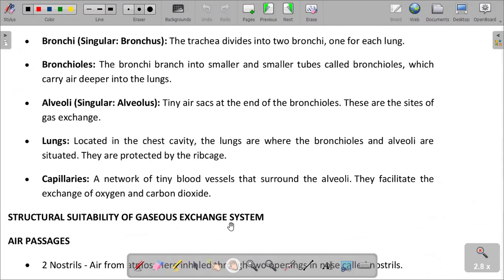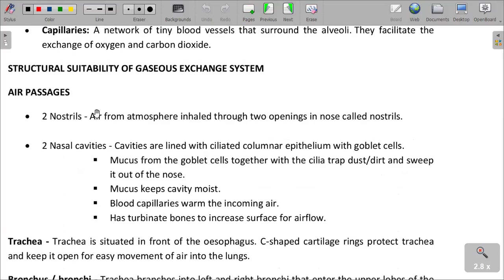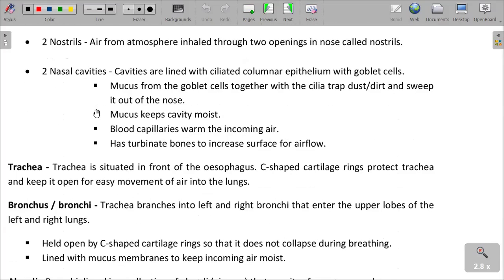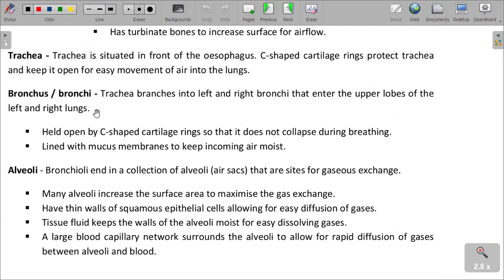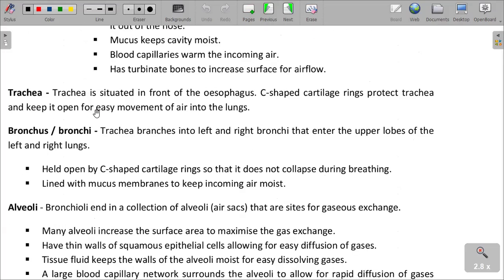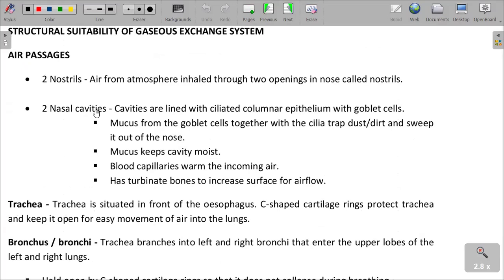How is the gaseous exchange system structurally suited to perform its function? Talking about the various structures, we look at the nostrils and the trachea. How is the trachea adapted to perform the function that it must serve? All those we are going to discuss in this presentation today.